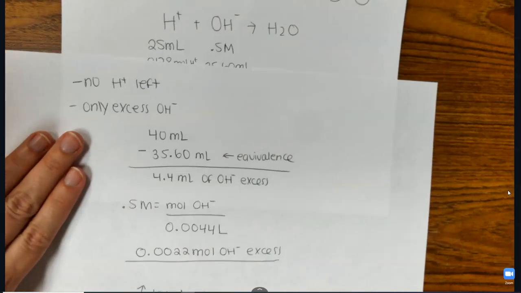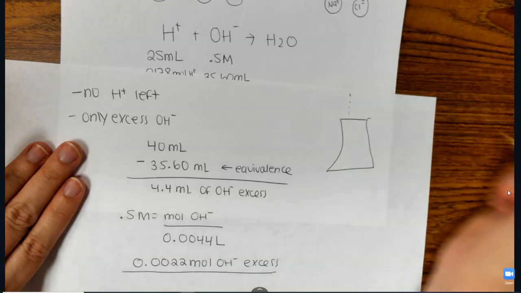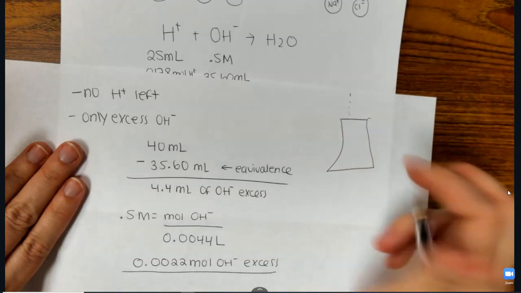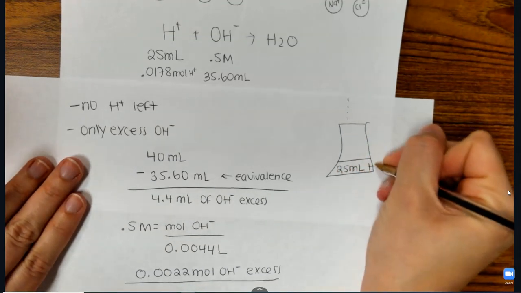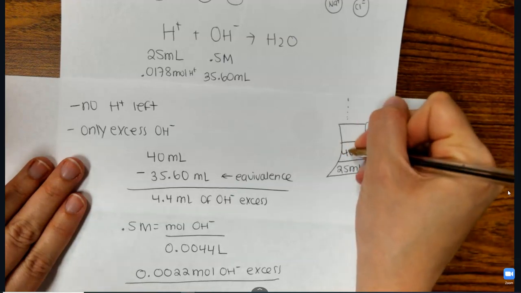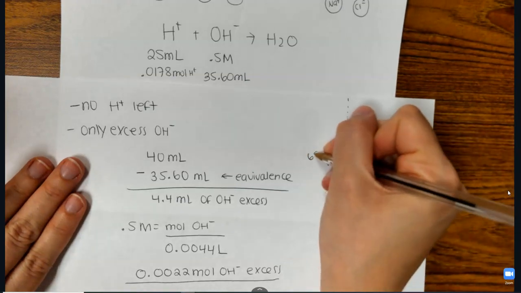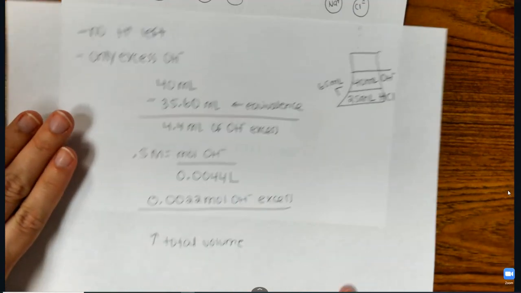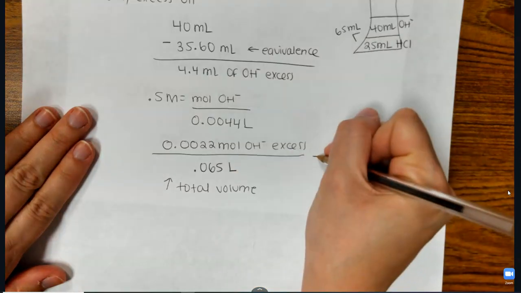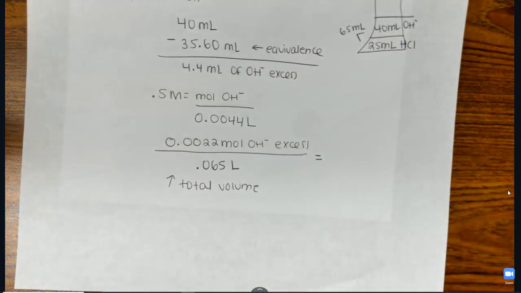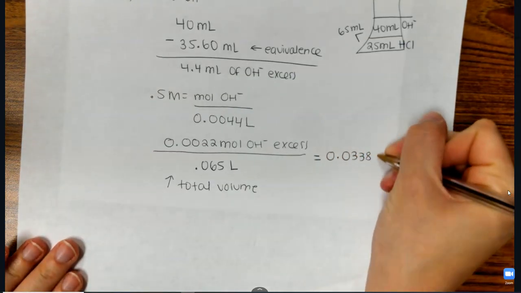So thinking about what we have, your flask started out with 25 milliliters of acid, and then we have added 40 milliliters of base. So the volume in this is 65 milliliters at this point. We divide by the total volume, 0.065 liters, and that gives me my molarity of OH, which is 0.0338 M.